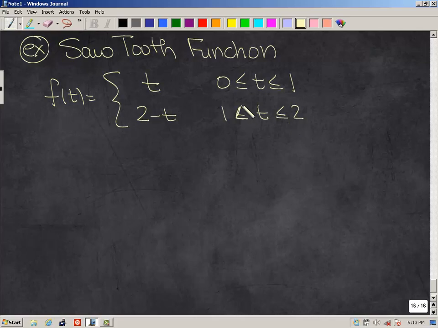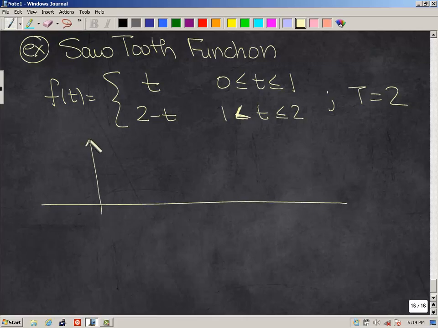And the period here is 2. So it's going to repeat itself every 2 units. So let's first graph it, and then we'll take a look at how to find the Laplace of that.